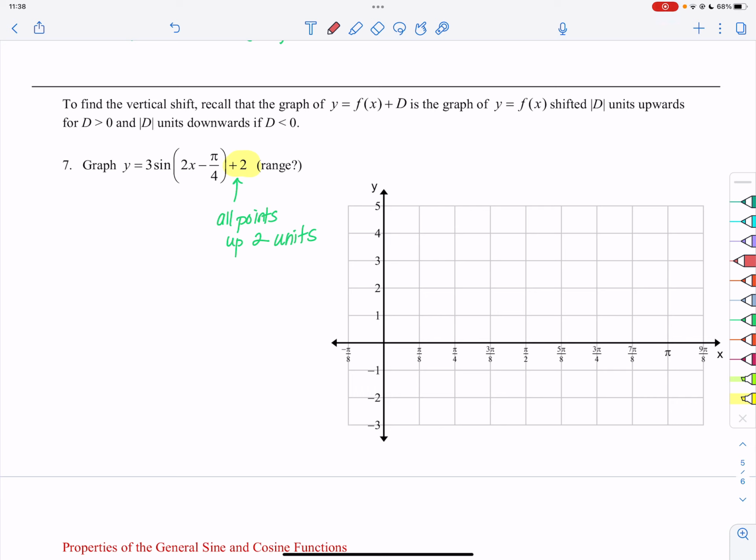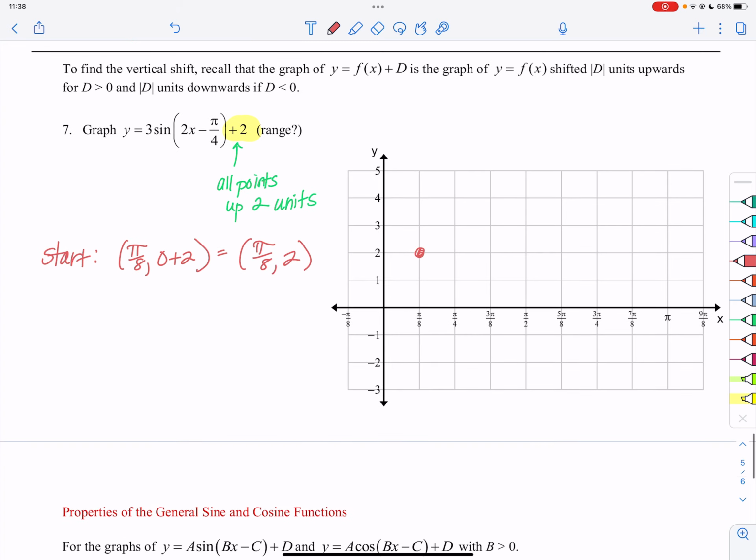So our starting point is pi over 8, and then now we're going to have 0, 2, and that's going to be pi over 8, 2. Okay, and then that first point, we're going to have 3 pi over 8, and then we'll have 3 plus 2, and that's 3 pi over 8, 5.